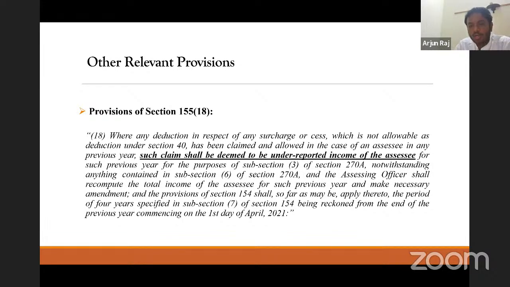Second, with respect to rejection of explanation given by the assessee, again here in 270A subsection 6, the exceptions are there where a bona fide explanation can be considered as an exception. But the problem here is the statute has created various conditions that the assessee has to satisfy in order to claim that exemption. That is another crucial aspect, the crucial change brought in 270A.